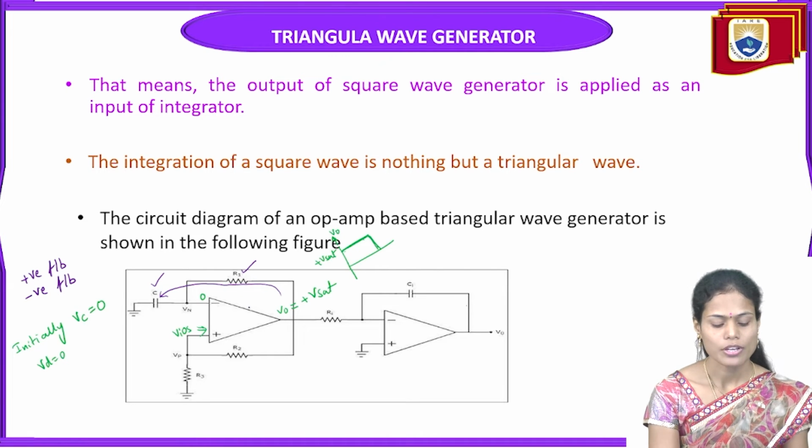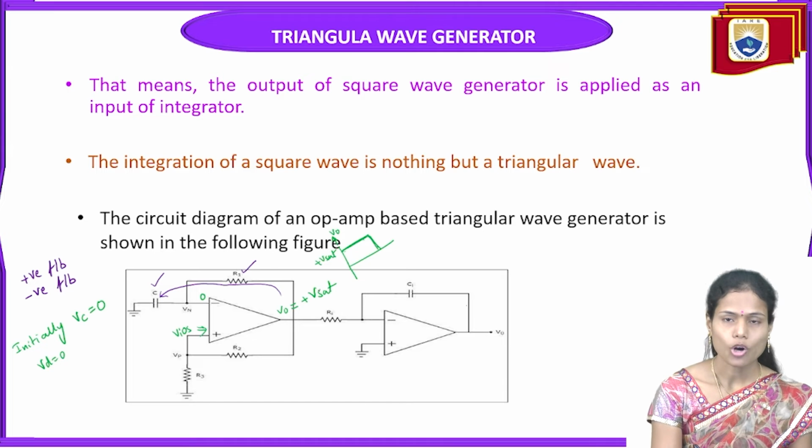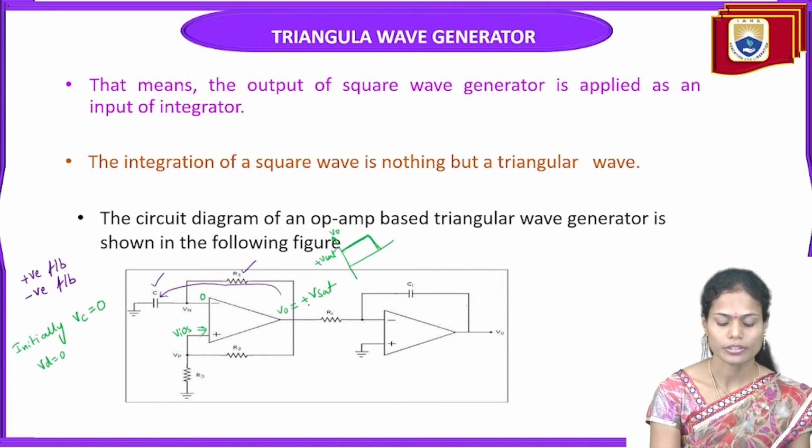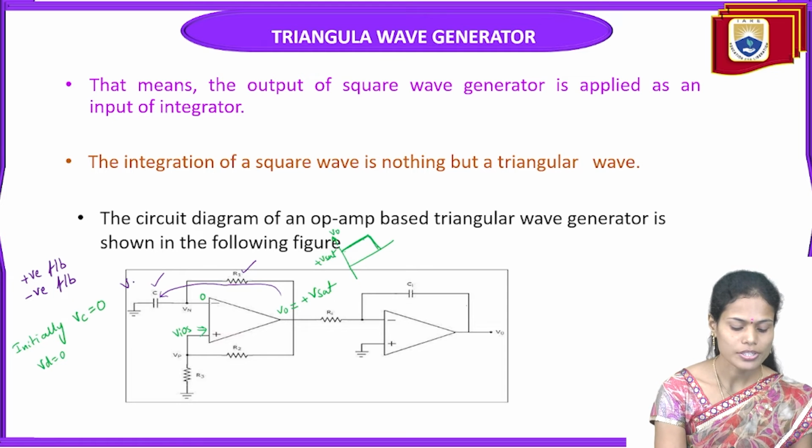The capacitor can charge up to the voltage developed at the output of the square wave generator, that is plus Vsat. So Vc is now plus Vsat.